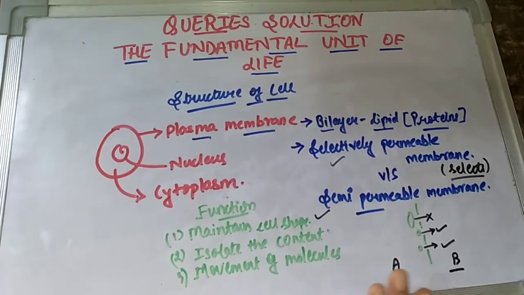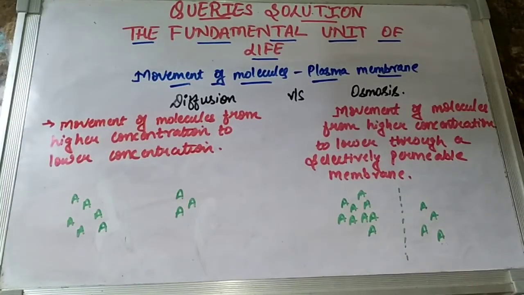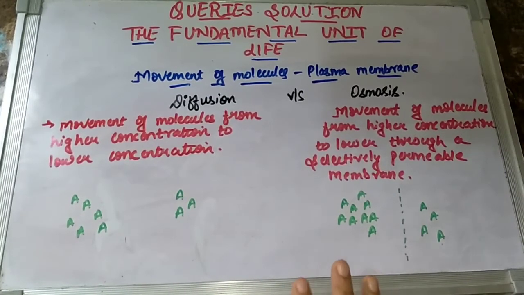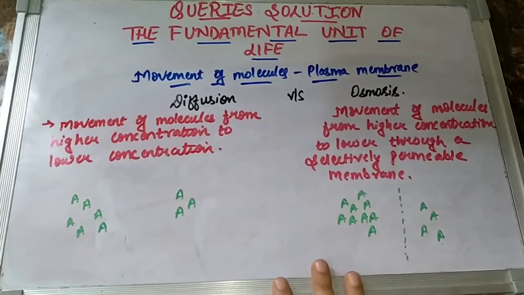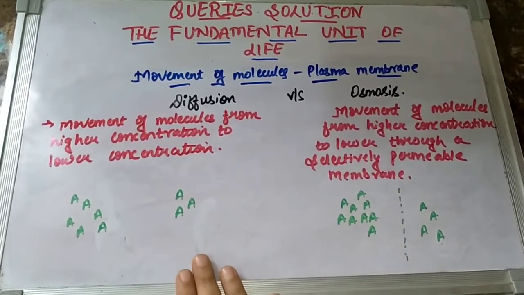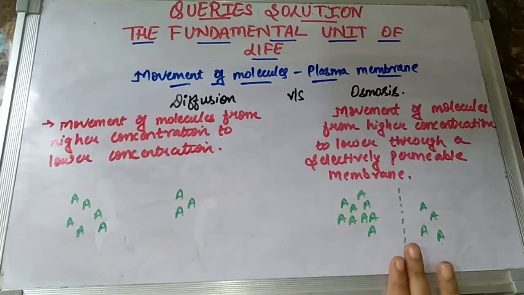Now in our next section, we are going to see how the movement of molecules occurs through the plasma membrane. We are going to talk about the concept of diffusion and osmosis. Molecule movement can occur through two processes, as you can see here. One is known as diffusion, a physical process, and the other is known as osmosis.